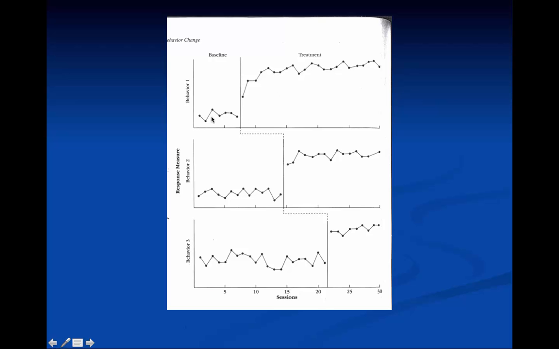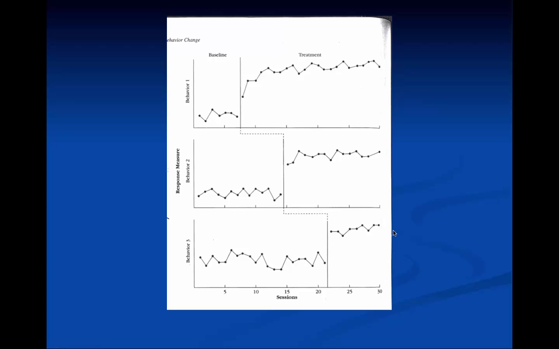So you implement treatment here, show an improvement here, but demonstrate that no change in the untreated baselines. Implement treatment here, demonstrate a change after treatment here, but also, just as importantly, demonstrate no change here until you implement treatment here. So you're replicating it.